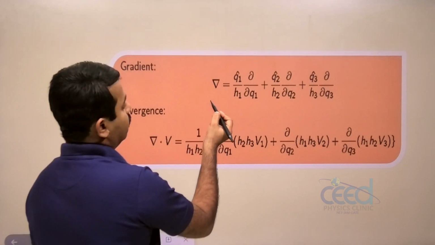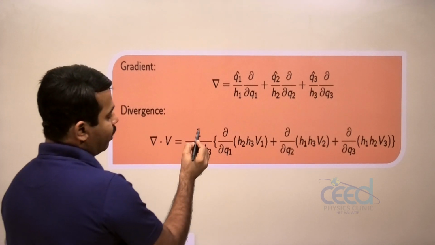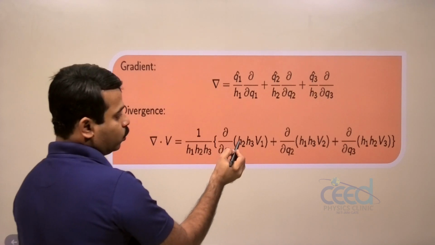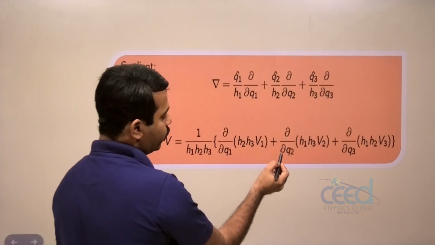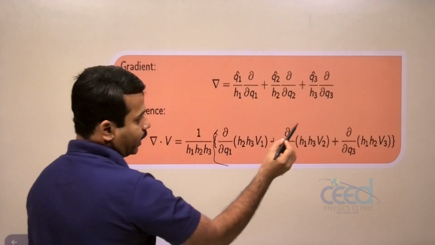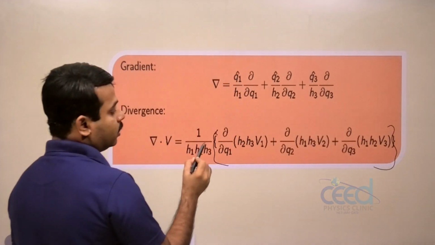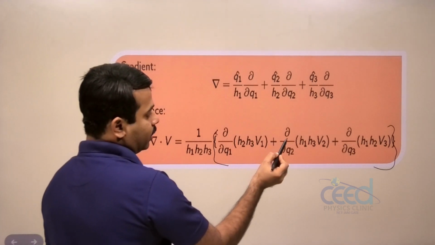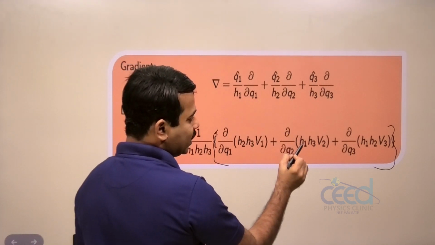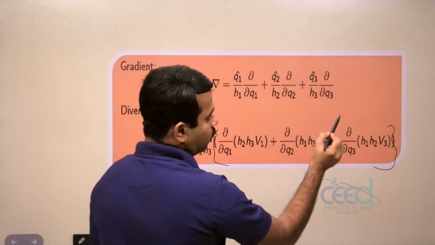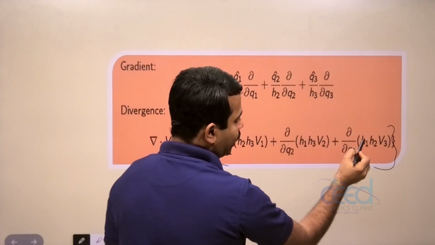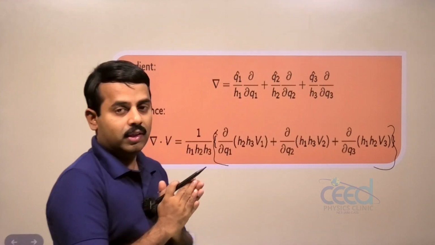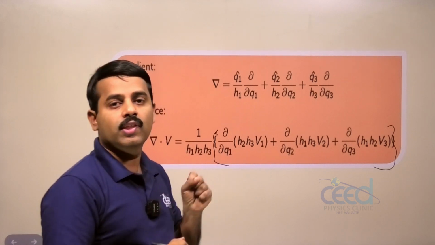Look here, this is the general formula: 1 by h1 h2 h3 times dou by dou q1 of h2 h3 v1, plus dou by dou q2 of h1 h3 v2, plus dou by dou q3 of h1 h2 v3. They proceed in some order. If you understand that order, it is very easy to remember.